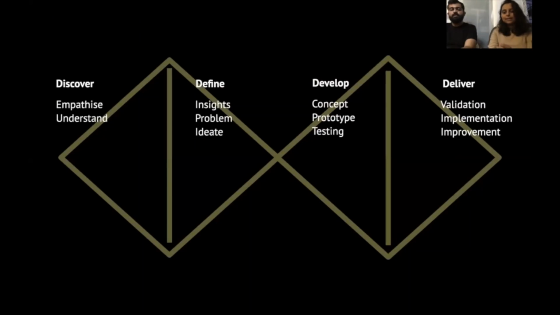A lot of designers work using this process, or have been using the discover, define, develop, and deliver process in designing solutions for problems that have come from varied audiences, including clientele, or including target audiences they themselves have identified.